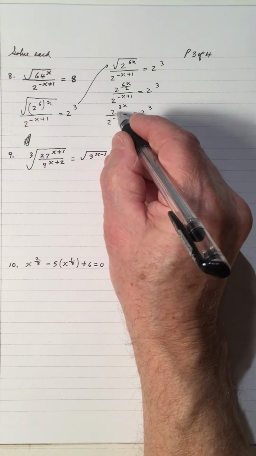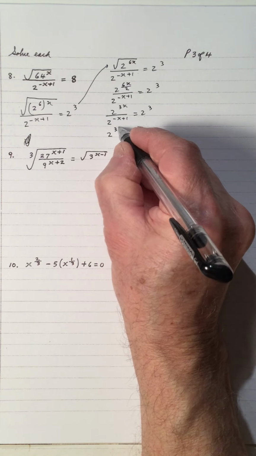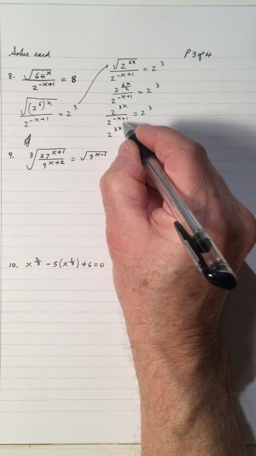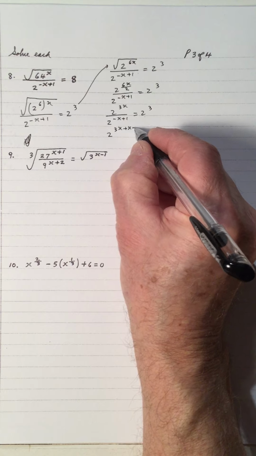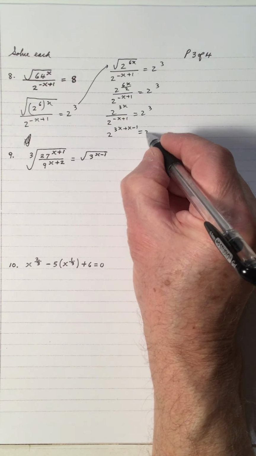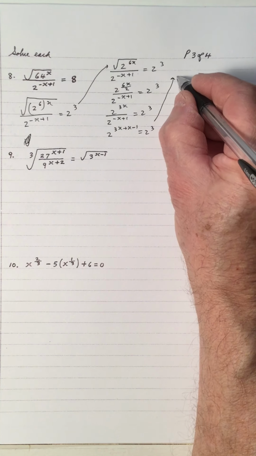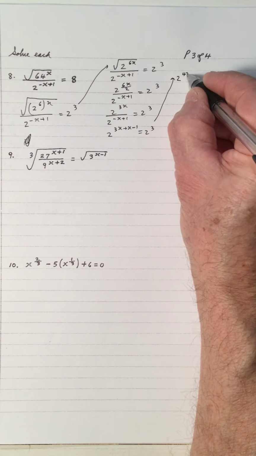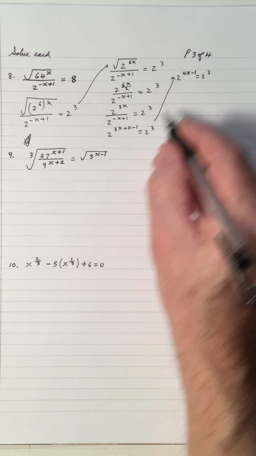And because we have the same bases, we have a 3x, and we're going to subtract this one. To subtract this makes that a plus x minus 1, 2 to the 3x. So this is 2 to the 4x minus 1 equals 2 cubed.